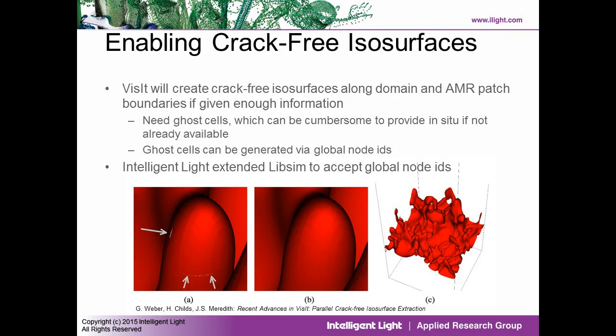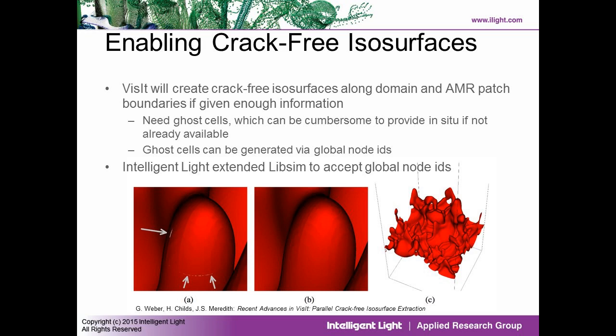So back to the first thing that we did. We needed to enable crack-free ISO surfaces in the extracts that we were generating. VisIt has a lot of machinery to support this. Normally it's based on having access to ghost zones or ghost cells in adjacent domains.